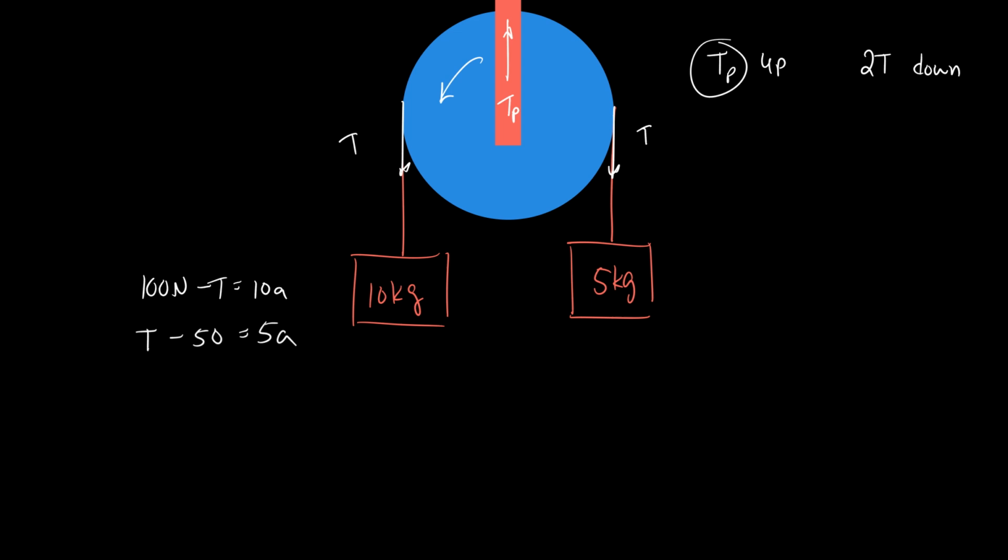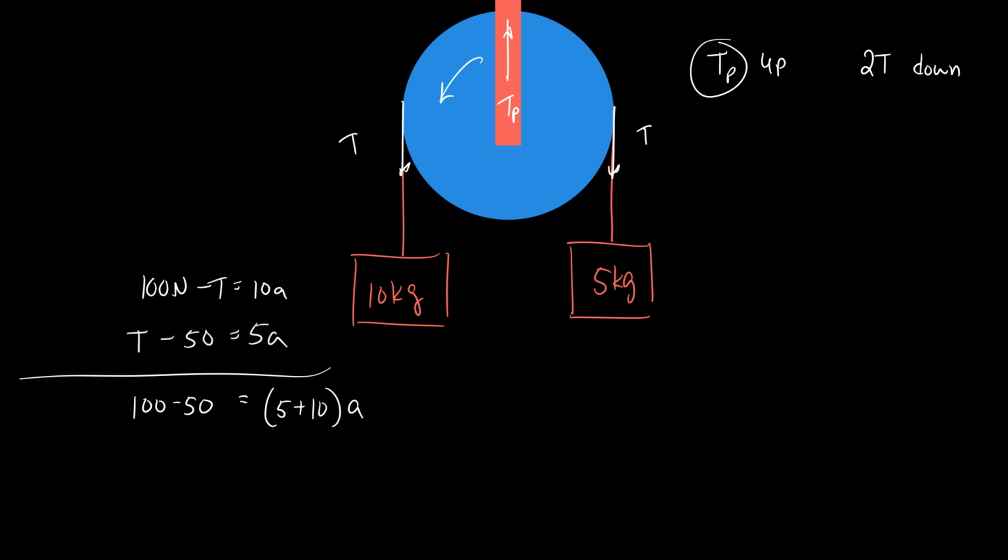I want to find the tension, but I think the only way to do so is to find the acceleration first. So I'm going to add these two together, and I'll get 100 minus 50 on the left side, and 5 plus 10 times A on the right side.